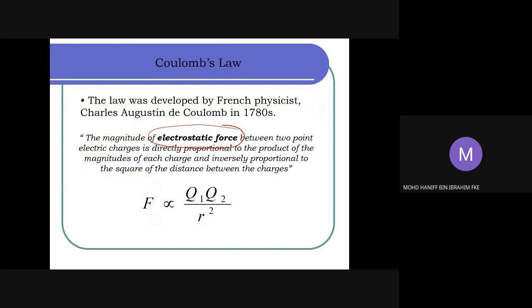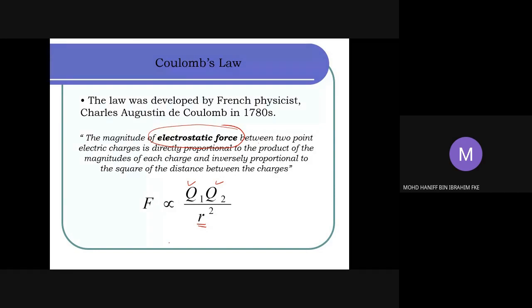The electric force produced between two point charges can be calculated, in which it is proportional to the charge amount. Q1 and Q2 are the charge magnitudes, and this force is inversely proportional to the square of the distance between the charges.